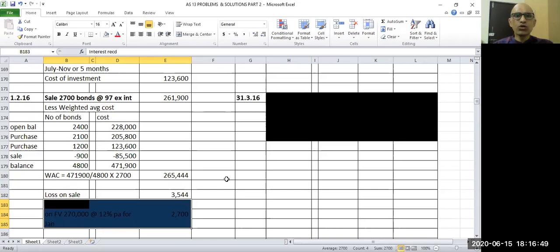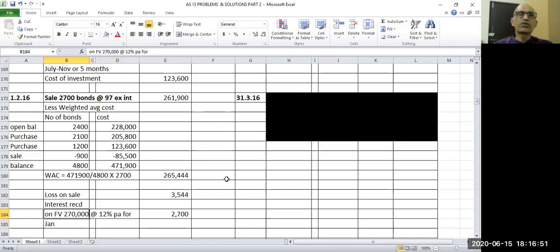But the story is not over. Why is the story not over here? Because you have sold the bonds ex interest. That means you will receive the interest separately. For which period will you receive the interest? For the period from the last payment date, which was 31st December. So for Jan 2016, 1 month, you will receive the interest.